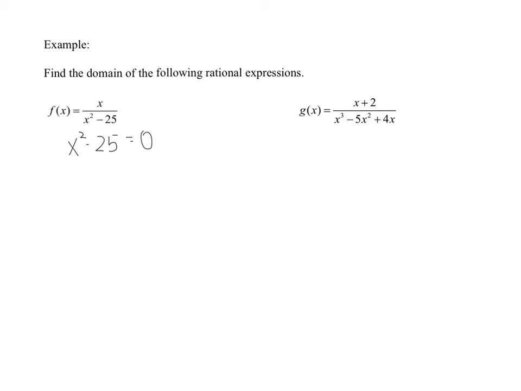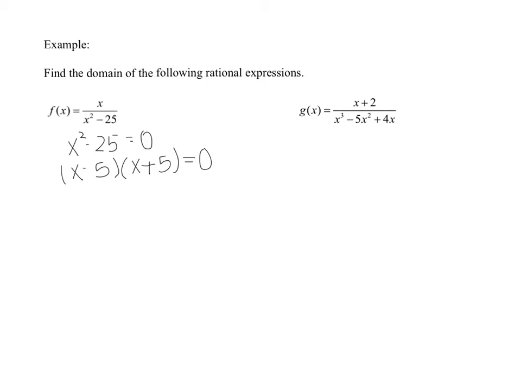Well, x squared minus 25 is a difference of squares, and it factors as x minus 5 times x plus 5, which means the values that make our denominator 0 are going to be 5 and negative 5.